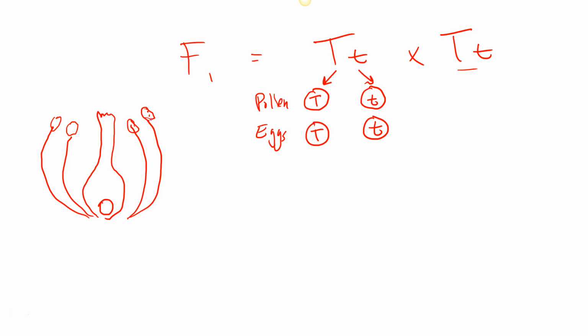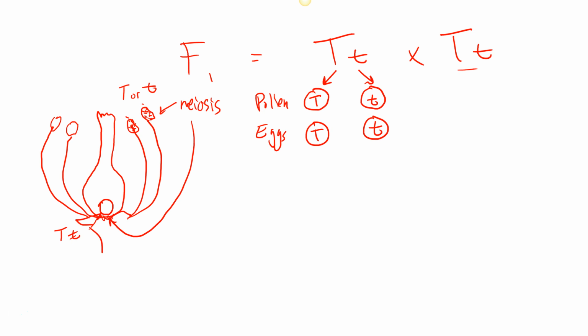These cells go through meiosis, happening here and down here. The pollen up here will be either big T or little t, and this is the egg, which will also be either big T or little t.